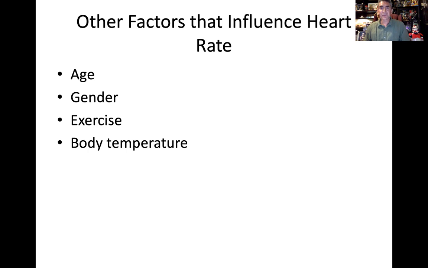And if you listen to grandpa's heart, it's a slow rate, right? So it slows down as we age. There are slight variations in gender due to the different hormones, estrogen and testosterone. Whether you exercise or you don't exercise has an impact on the heart rate, as well as body temperature. Cold and heat have an impact on heart rate.